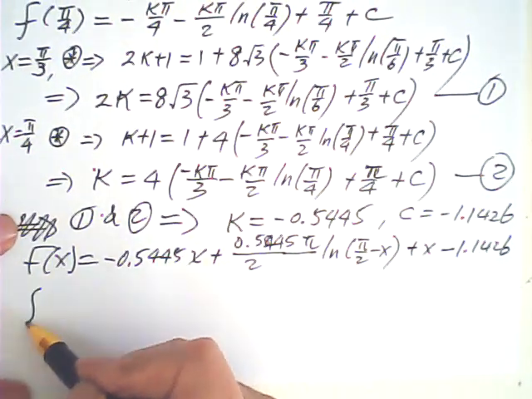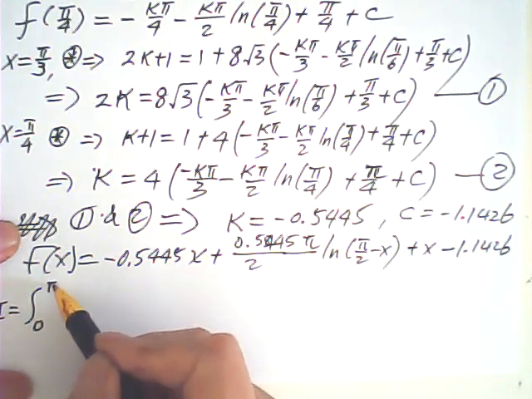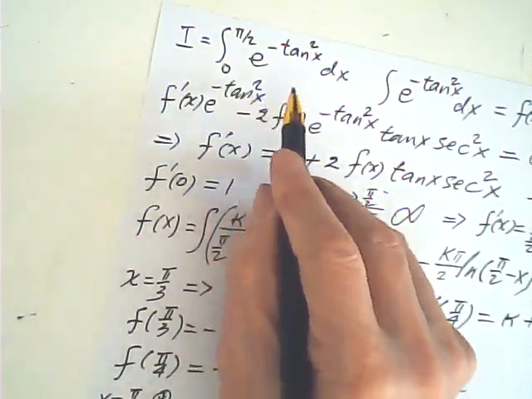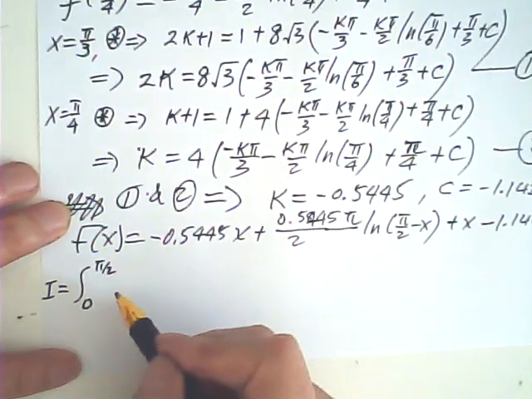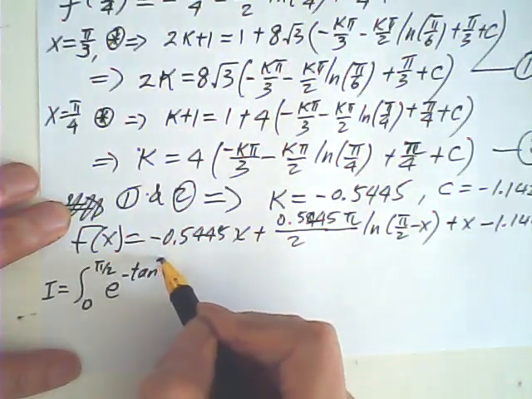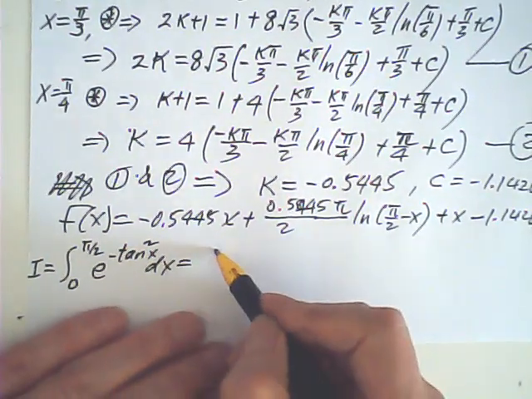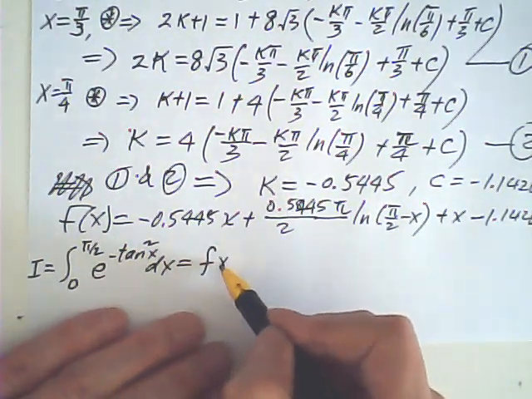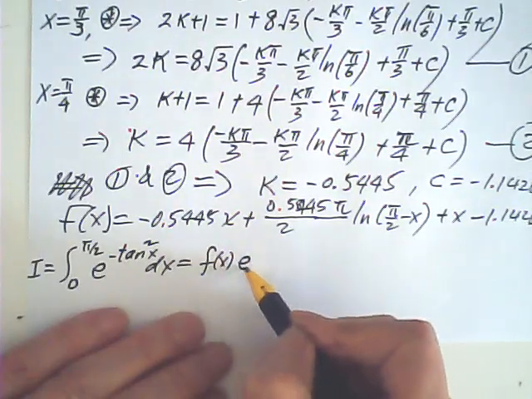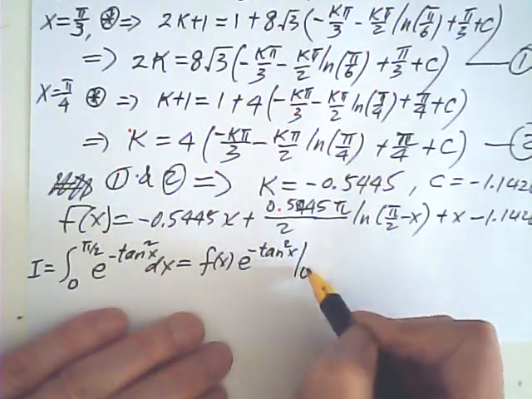Now we can come back to the I, which is my target integral, e to the negative square x dx, which is equal to f of x times exponential, right, from 0 to half pi.